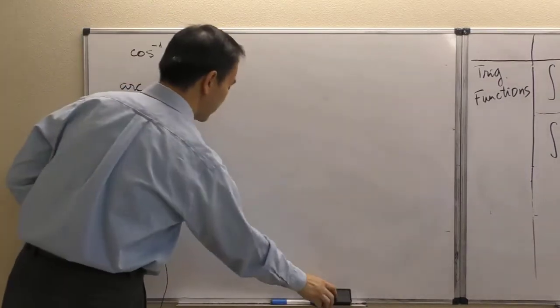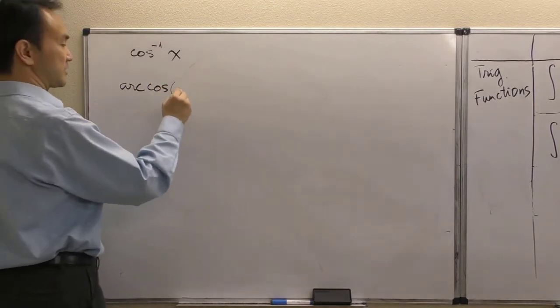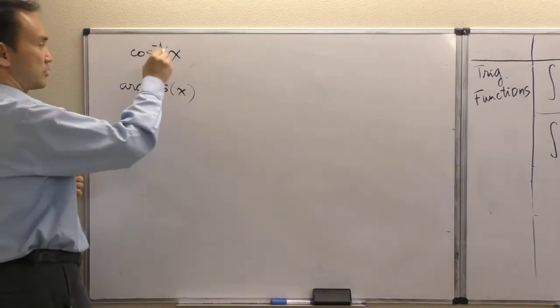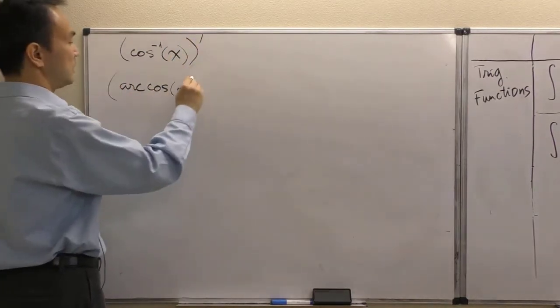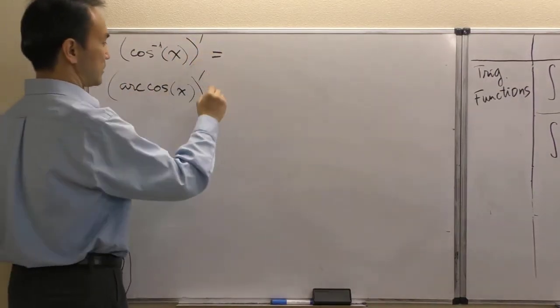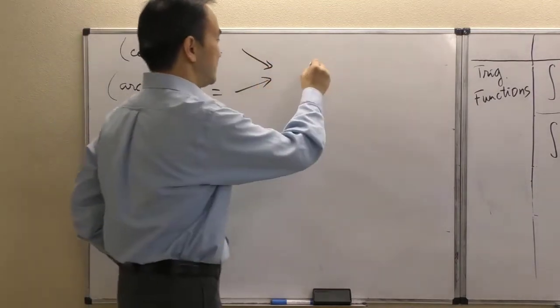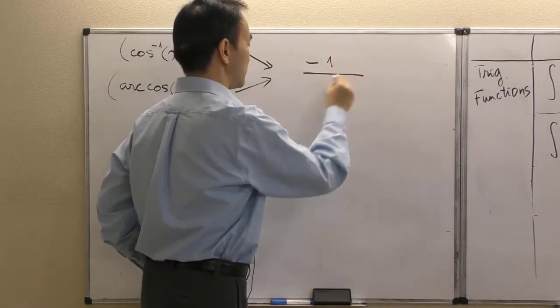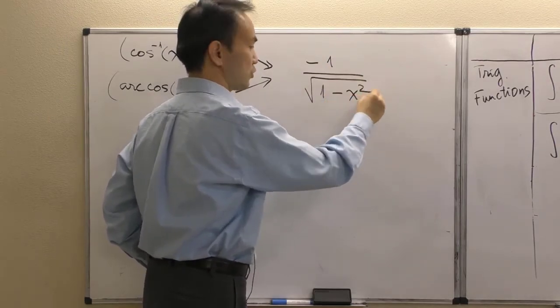So cosine inverse of x is the same as arc cosine of x. Now taking the derivative on this function, it will land us into the following derivative. It's negative 1 over the square root of 1 minus x squared.